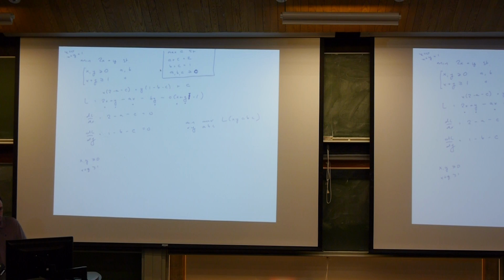Primal feasibility. Dual feasibility, a plus c is equal to 2, b plus c is equal to 1, a, b, c all greater than or equal to 0, right? And then objective values are equal, so 2x plus y equals c.